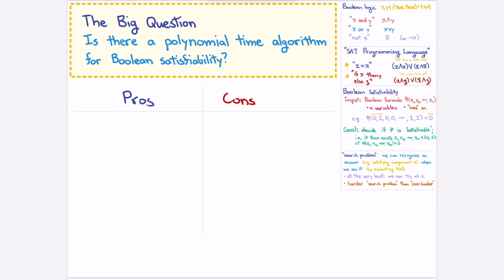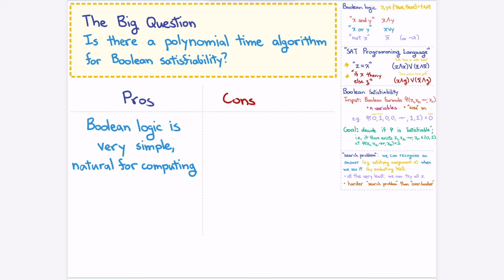So I tried to come up with some simple pros and cons. Why might we have a good algorithm out there? Well, at least the format is very simple and seemingly perfect for computers. It's just bits, ANDs, ORs. This is what computers are made of. It feels like computers are perfect for this.